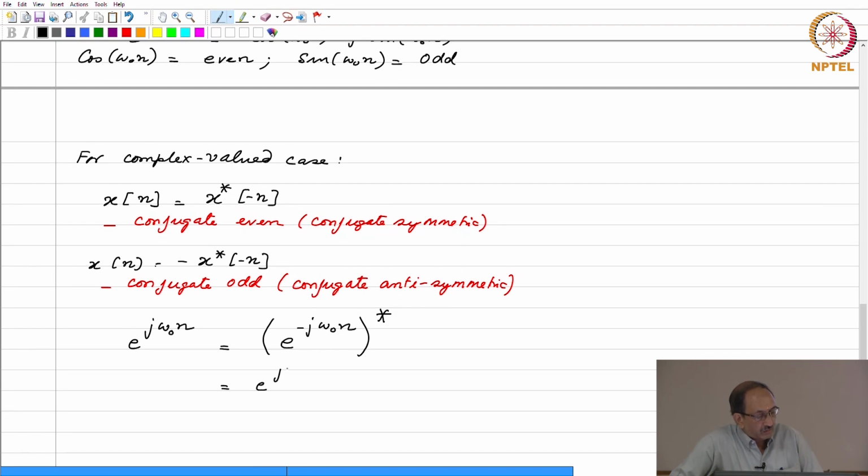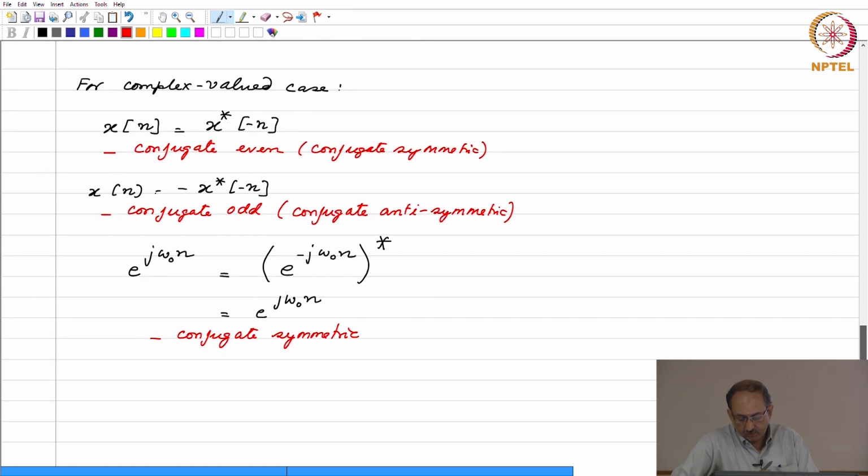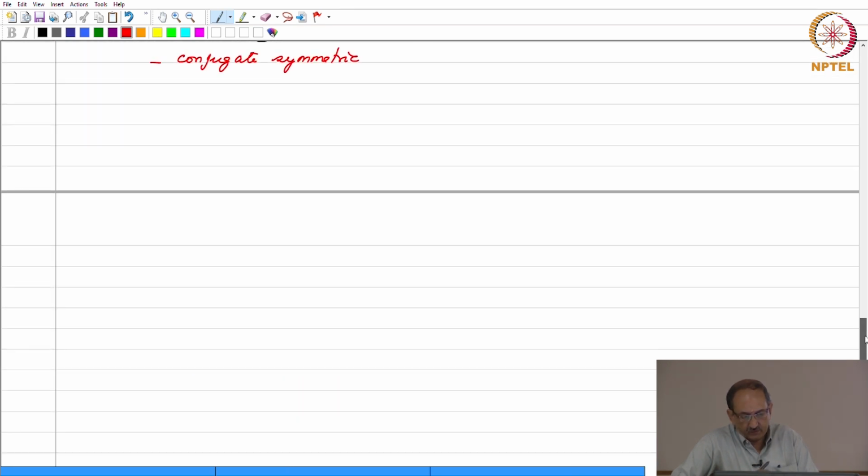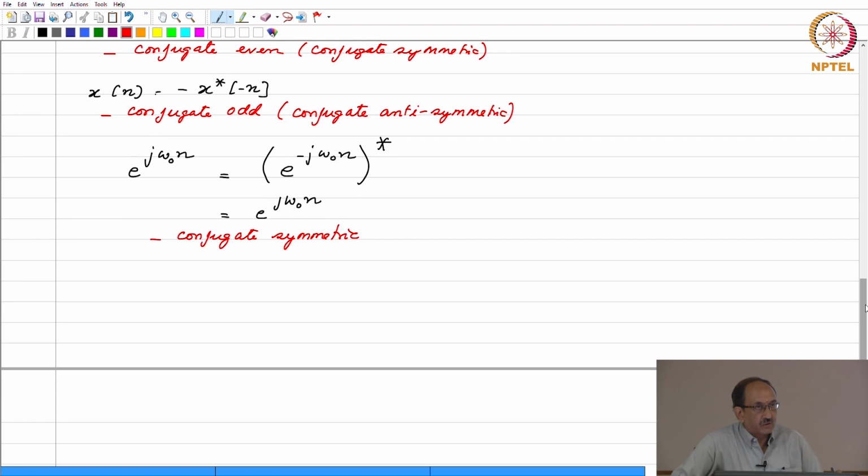This turns back into the given signal. Therefore, e to the j omega naught n is really conjugate symmetric. These are pretty simple and straightforward and follow from the definition.